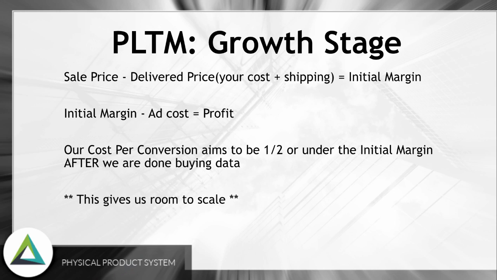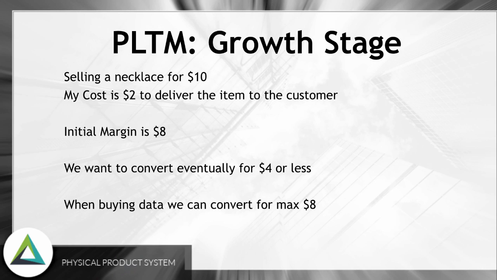So when we're running ads after buying data, right? We bought our data and now we're running traffic. We're looking to convert initially at about half or under the initial margin. So this gives us room to scale. So let's take this for an example. If I'm selling a necklace for $10, my cost is $2 to get it delivered to the customer.